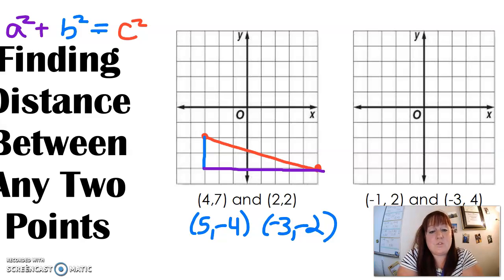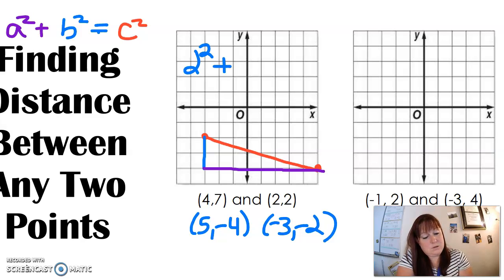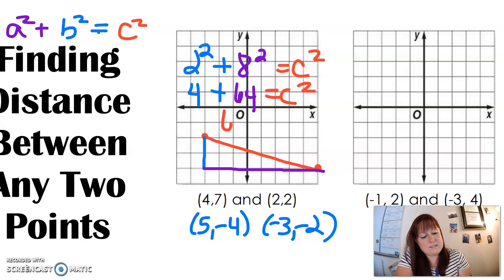Okay, so 2 squared plus 8 squared equals c squared. So we have 4 plus 64 equals c squared. So that's 68 equals c squared. So c equals root 68.